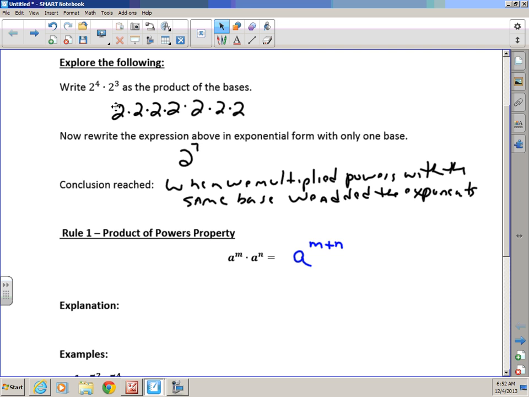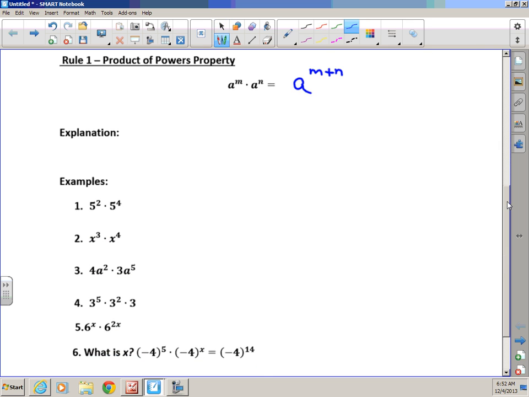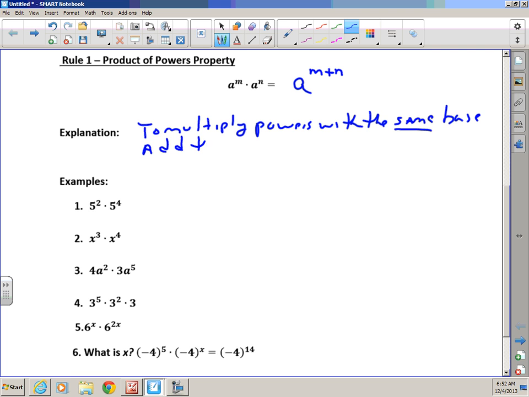And the technical definition of that, it's kind of just rewriting what we wrote above, is to multiply powers with the same base. That is a key. Add the exponents and carry over the base.